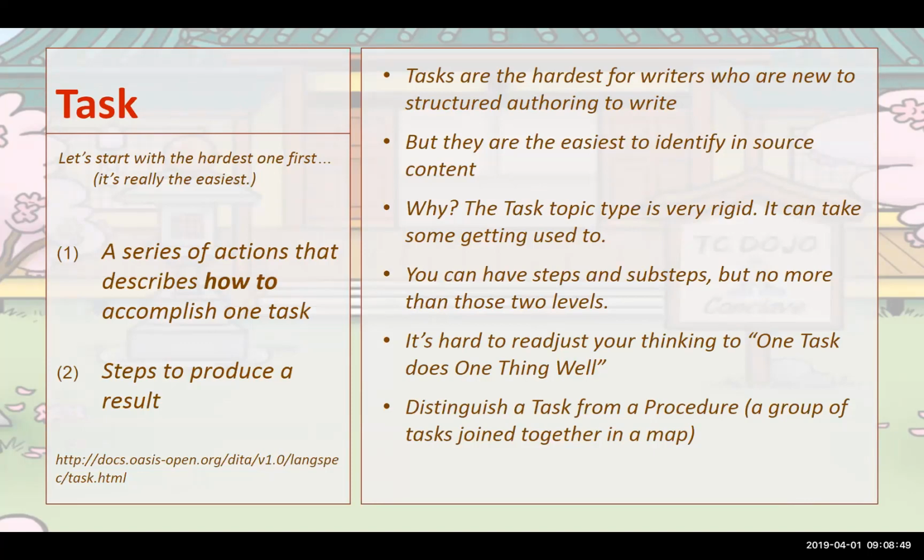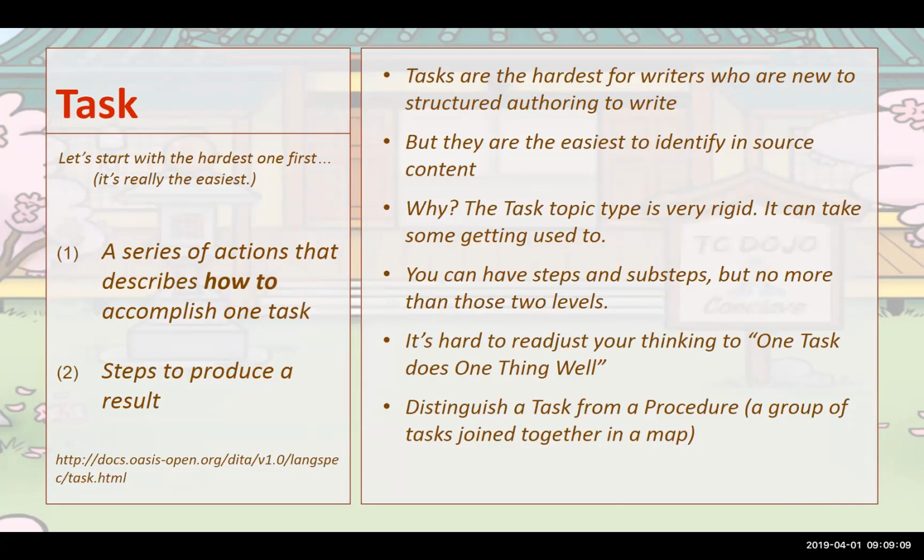These are hardest to write because DITA makes it highly structured. While they're the easiest to identify, they're the hardest to write because DITA requires you to conform to their task element structure, right? What elements you're allowed to use and in what order. You can only have one set of sub-steps.